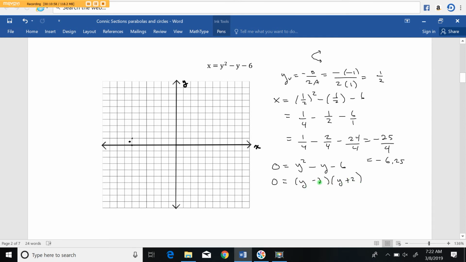I think that works. Inner, outer term. Yep. Okay. So this yields a solution of y equals 3, and this one yields a solution of y equals -2. All right, so we know that it goes through the point 0, 3. 1, 2, 3. We know that it goes through the point 0, -2.